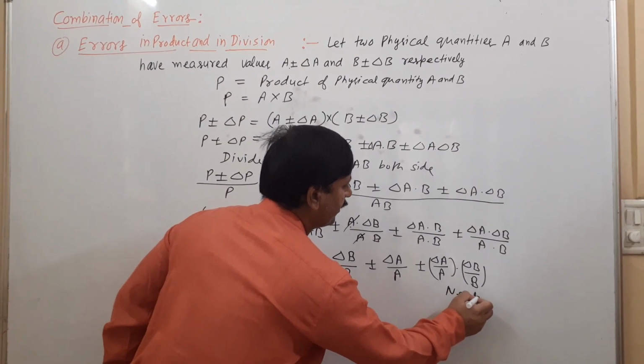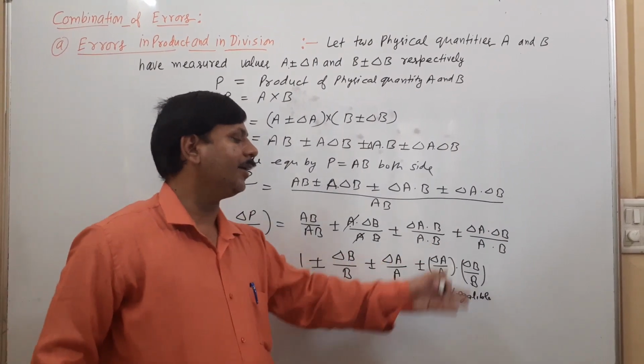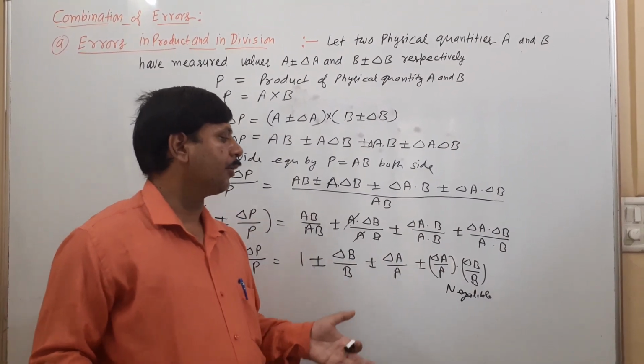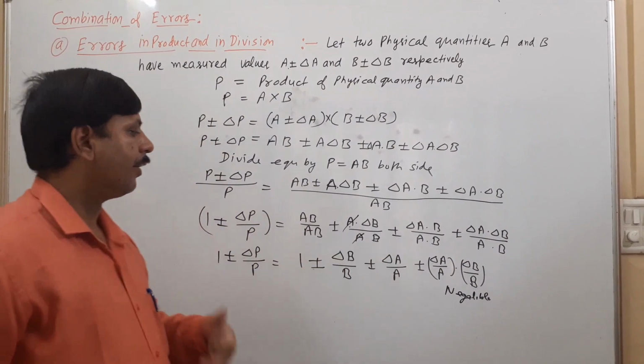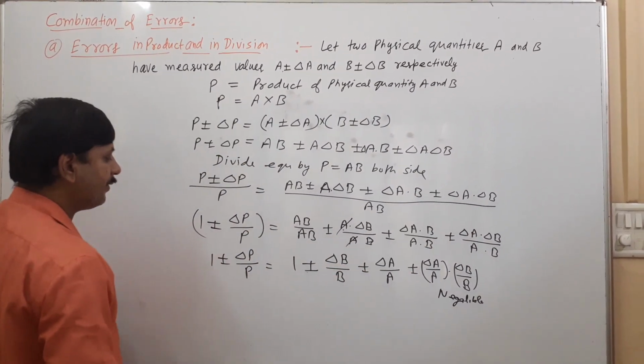We can take it as negligible, because del A upon A is a small quantity and del B upon B is a small quantity. If you multiply them, it is very small and can be taken as negligible.